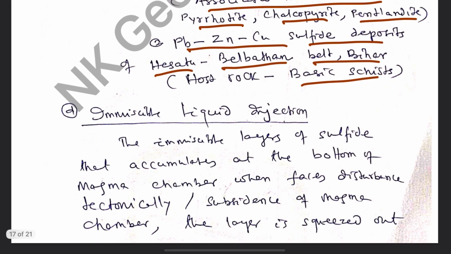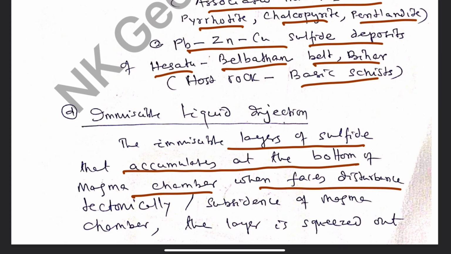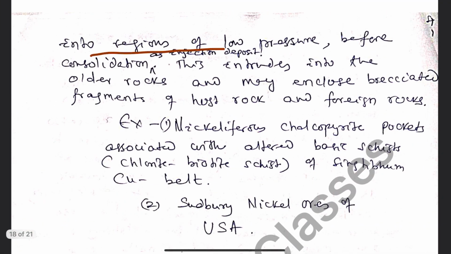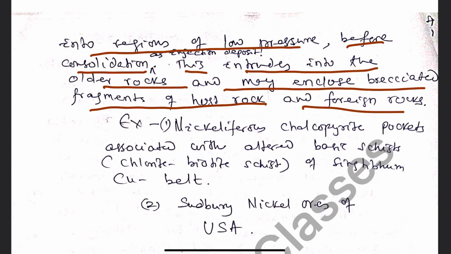Then immiscible liquid injection. Immiscible liquid layers of sulfide accumulate at the bottom of the magma chamber. When there is tectonic disturbance or subsidence of the magmatic chamber, the layer is squeezed out into the regions of low pressure before consolidation as injection deposit. This intrudes into the older rocks and may enclose brecciated fragments of host rock and fallen rocks.